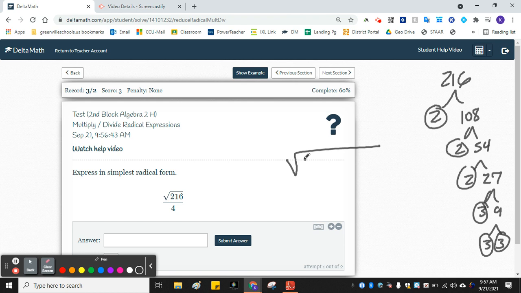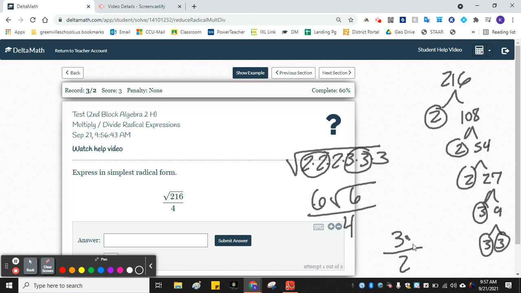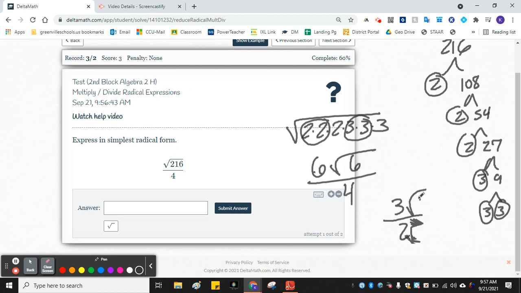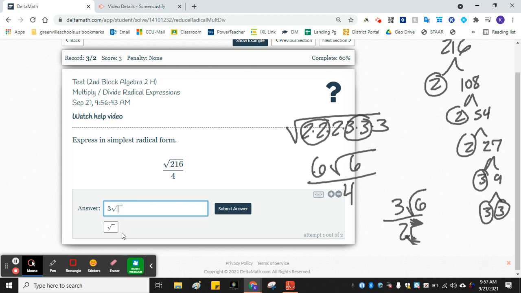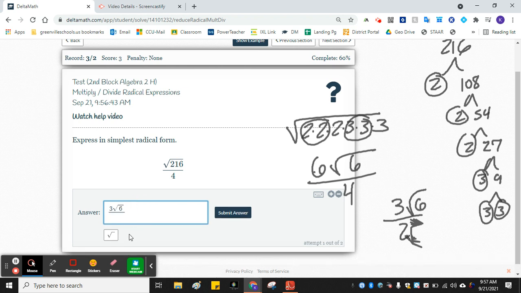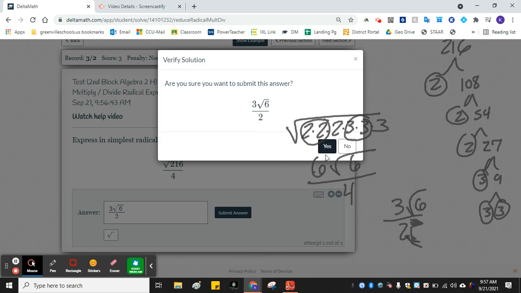So this is the square root. You're still grouping in 2s. So 2 comes out, 3 comes out. So I get a 6 on the outside and a 6 on the inside. That is being divided by 4. All right. The 6 and the 4 on the outsides can divide. 6 divided by 4 is 3 over 2, and then you keep the square root of 6. So 3 square root 6 on the outside divided by 2.